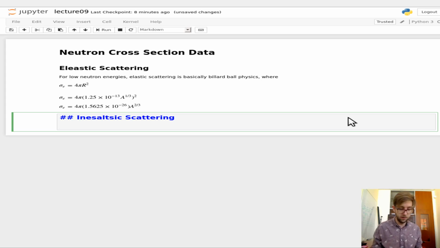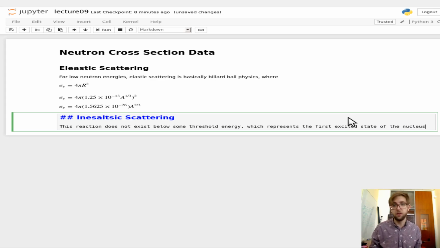this reaction does not exist below some threshold energy, which represents the first excited state of the nucleus.